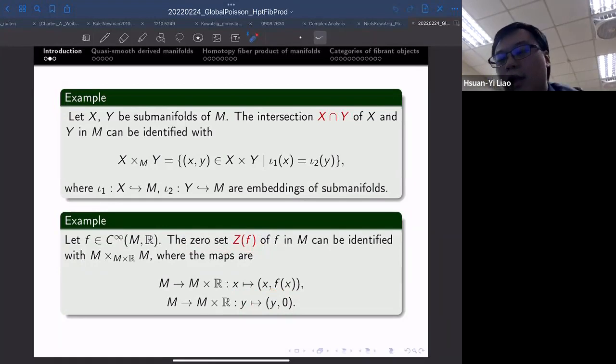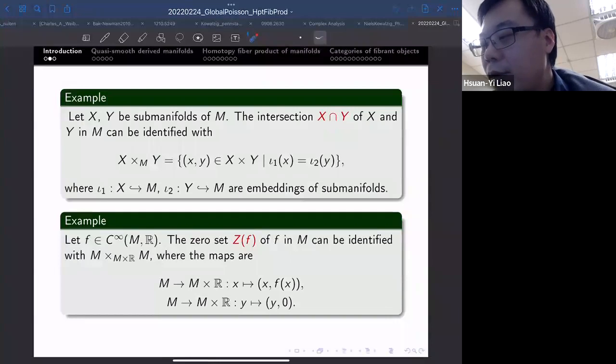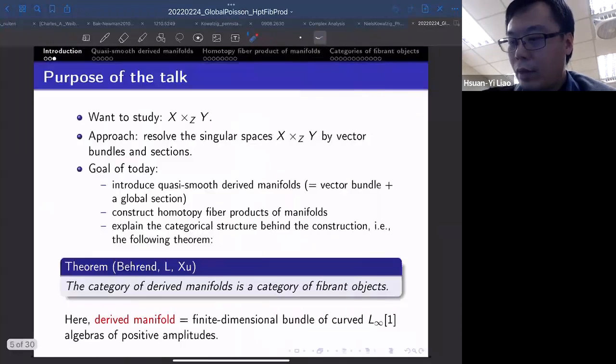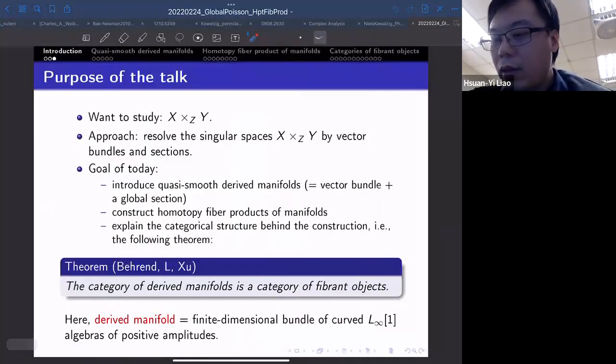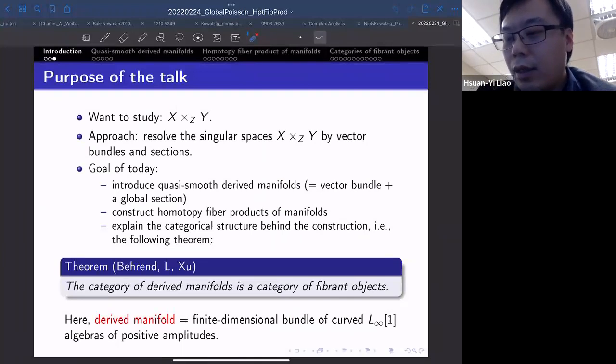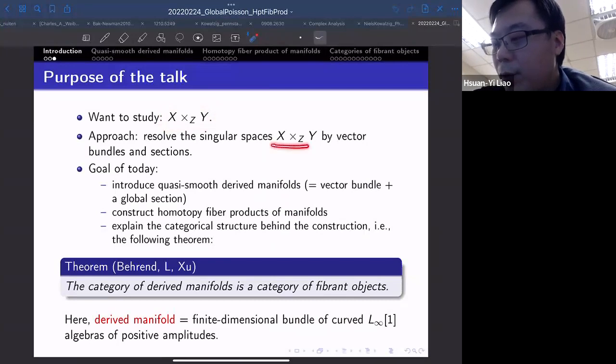These are two interesting examples of fiber products. Today I want to show you a way to study fiber products using smooth objects. Our approach is basically to resolve this fiber product, which might not be a manifold, by vector bundles and sections.